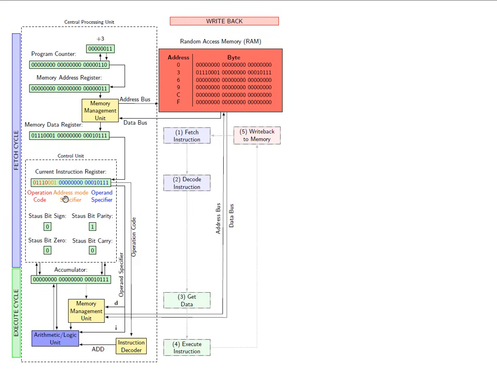It just decodes the instruction for us. In this case it's 0111, so the instruction decoder says it's an add instruction. Add is then sent with the operand specifier, whether the operand comes from the memory management unit or from the instruction itself, into the arithmetic logic unit.